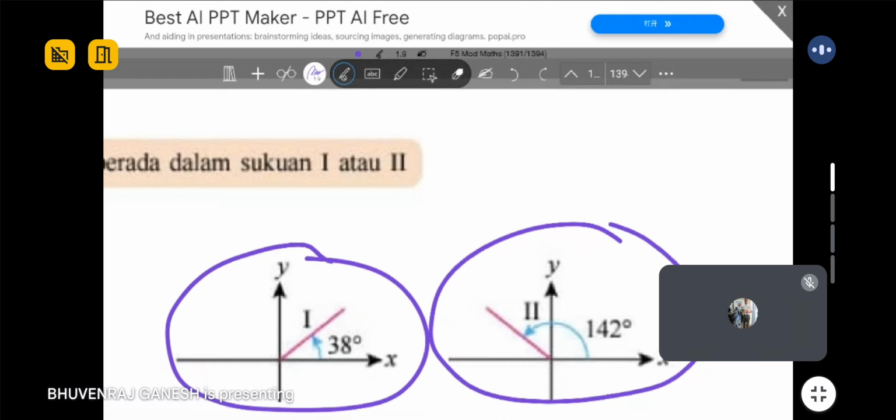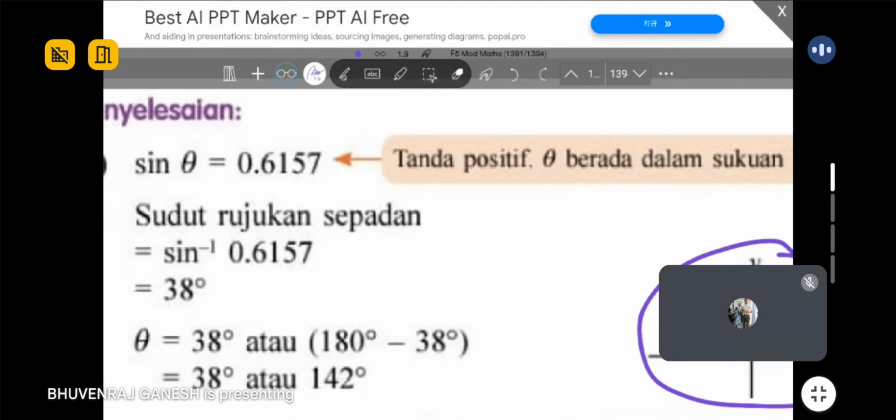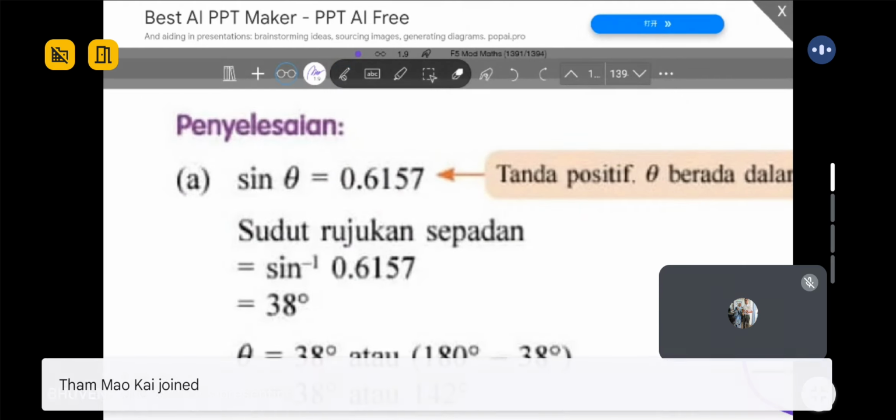So don't be shocked that trigo can have up to 4 answers. Trigonometry usually has many answers for the angle. So make sure you get all the possible scenarios for the question. You must try to get all the cases to get the correct answer. So you should get 38 and 142 in the end.